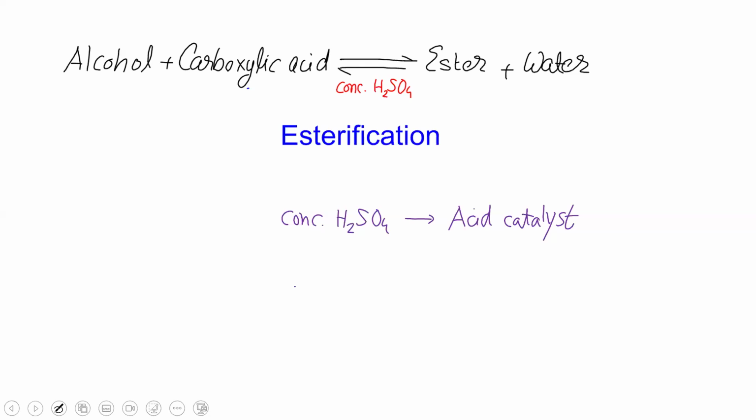Secondly, in our IGCSE, esters had another application: they are used in making polyesters. Polyesters are artificial fibers used as a good alternative for cotton. So now you have to copy this word equation.